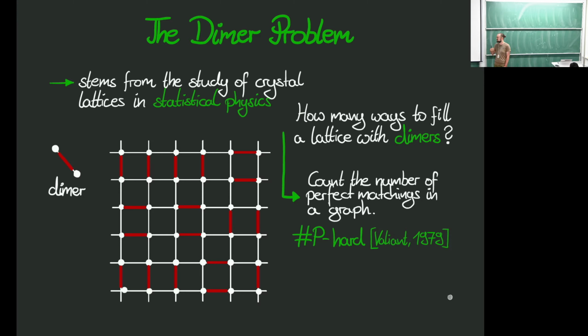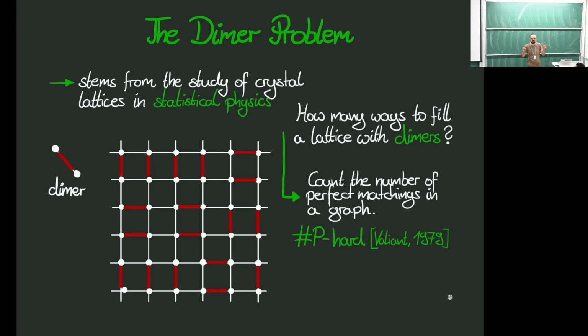Counting perfect matchings is essentially the same thing as computing the permanent of a 0-1 matrix. And that led to the invention of the class sharp P hard by Valiant in 1979. That's essentially just the first problem that was proven to be in this class, the dimer problem, or better, the counting of perfect matchings.